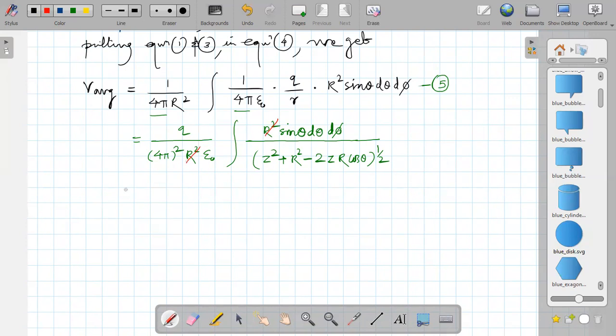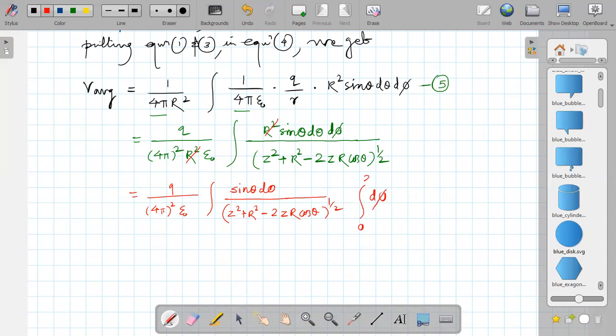Therefore we can write q upon (4 pi) square epsilon 0 into bracket, sine theta d theta upon (z square plus r square minus 2zr cos theta) raised to half, and again integration of d phi from 0 to 2 pi, and here 0 to pi.